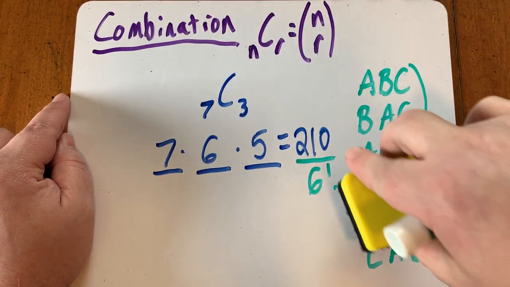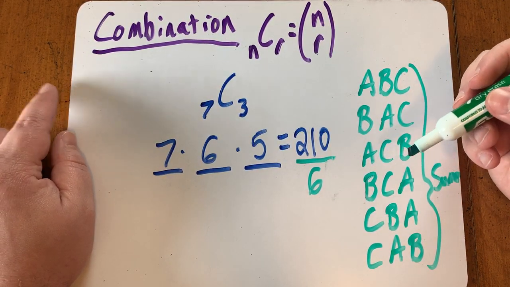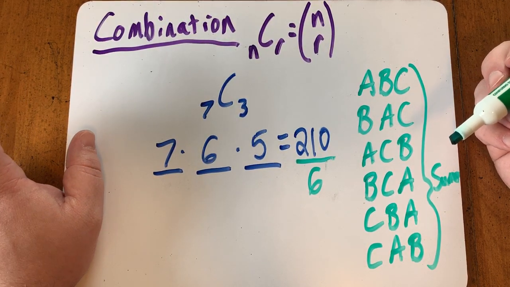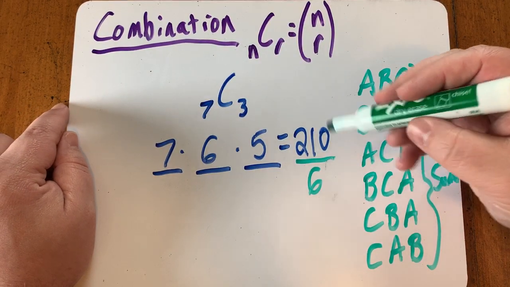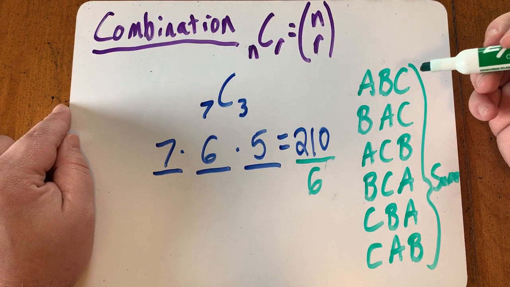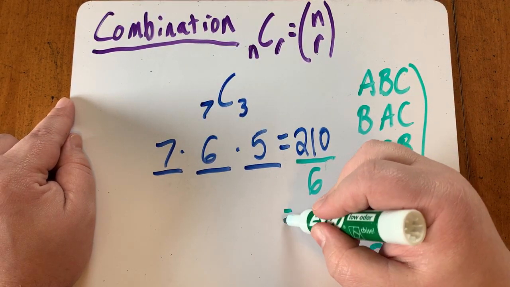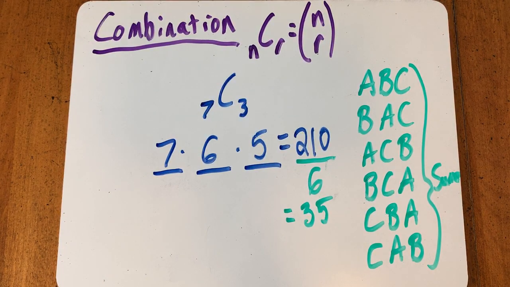Oops, not 6 factorial, just 6. I was just excited, so I put the exclamation point, but the exclamation point actually means something, not just being excited. My apologies. So it's 210 over 6, which would be 35. That's the number of possibilities.